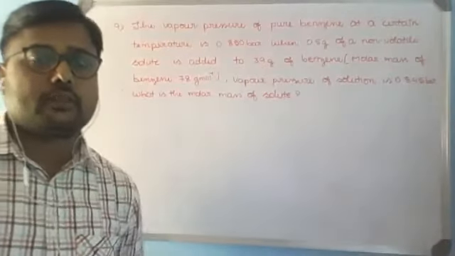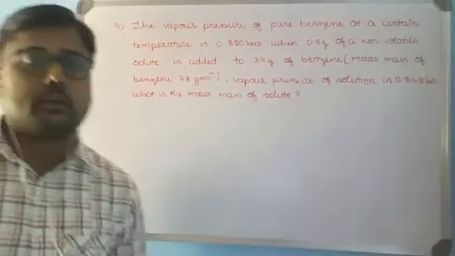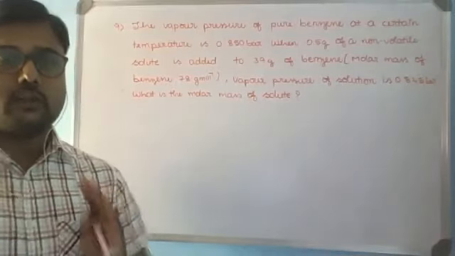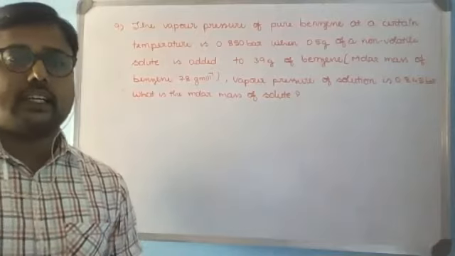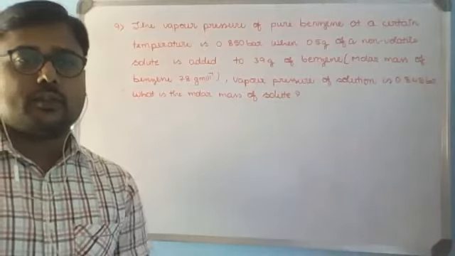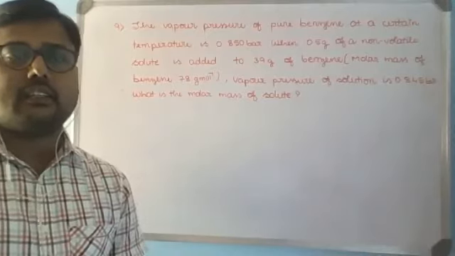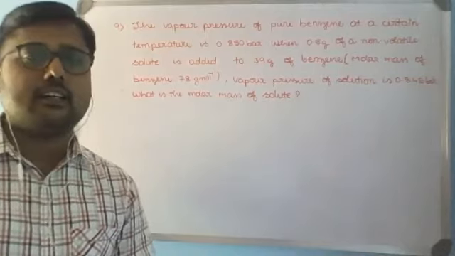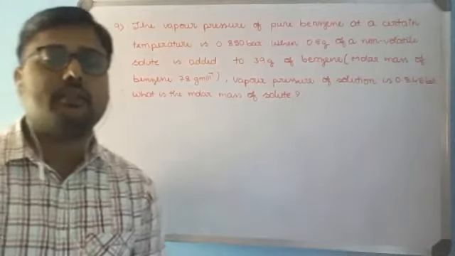Observe the first problem on colligative properties, relative lowering of vapor pressure. As soon as you see the problem, try to segregate the given data very clearly. The majority of students find it difficult to segregate the given data, so try to understand it so that the maximum information will be very clear.